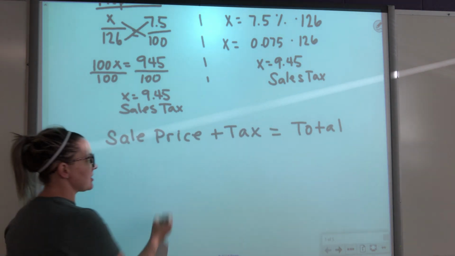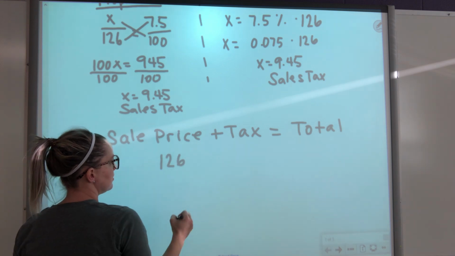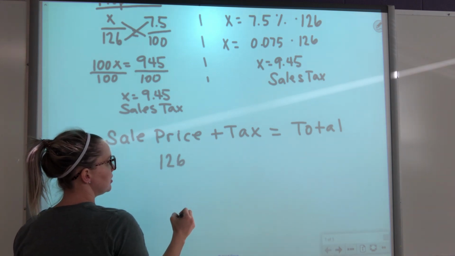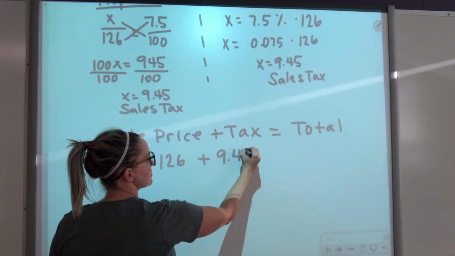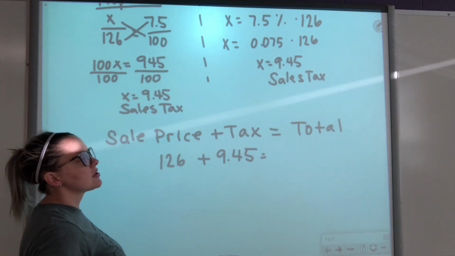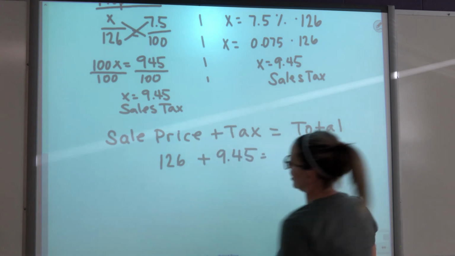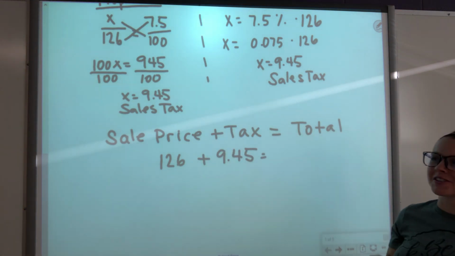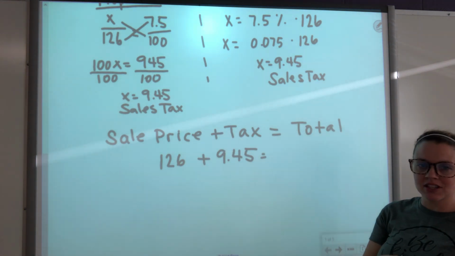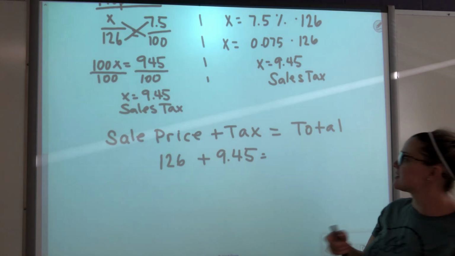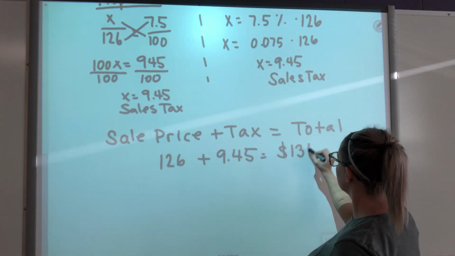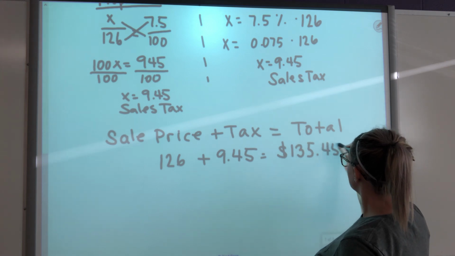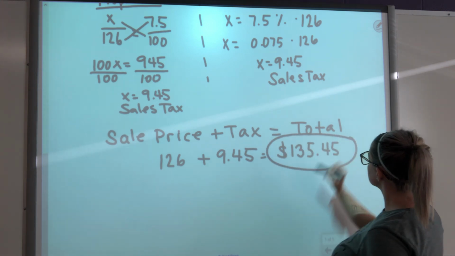So our sale price was $126. The tax, $9.45. So the total amount that we're going to pay for the snowboard, after the discount with the sales tax, is going to be $135.45.